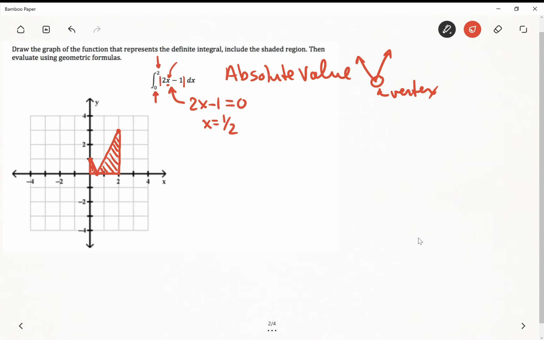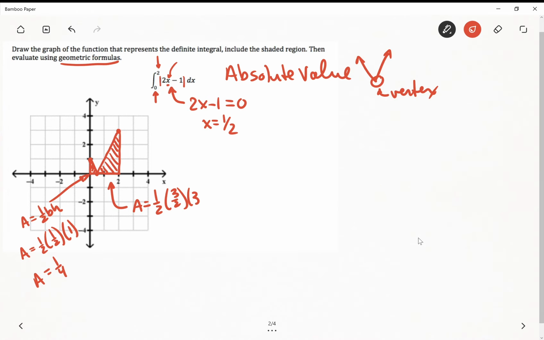And the problem asks that we use geometric formulas. So for this first triangle, again, the area of a triangle is 1/2 base times height. We see that the base is 1/2, so it's 1/2 times 1/2 times the height of 1. So this first triangle has an area of 1/4. This second triangle has an area of 1/2 times 3/2 times 3.